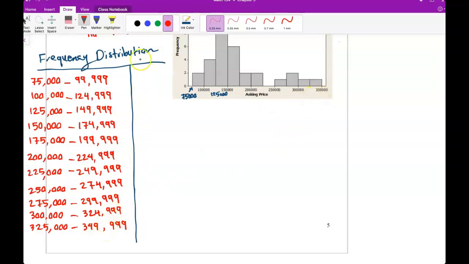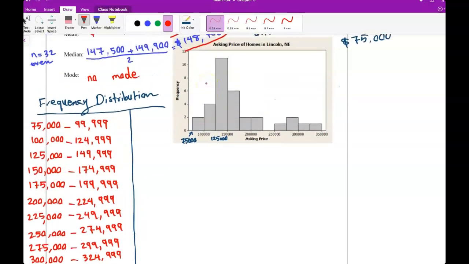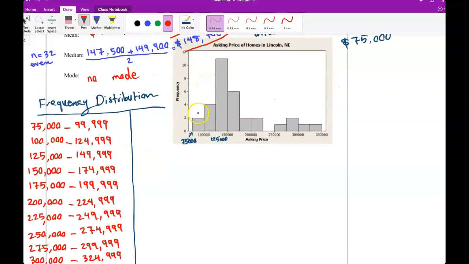So we stop there. And what is the frequency for each one? Based on what we have here, that is 2, 4, 11, 6, 2, 2, and here is 0. When you're drawing this histogram, you don't need to write these data on top.